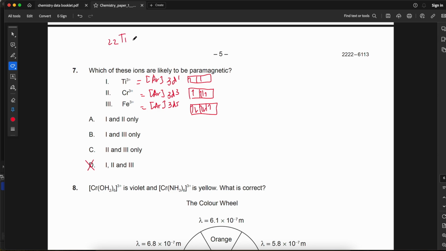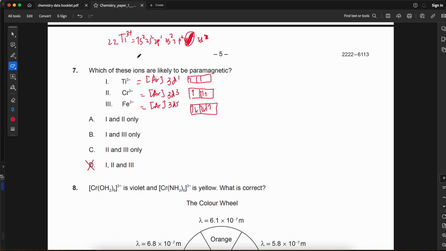So 22: 1s2, 2s2, 2p6, 3s2, 3p6, 4s2, 3d2. So Ti is 3 plus, so you need to take 2 electrons from 4s, and then this 3d2, so we need to take 1 more, that's why it's 3d1.